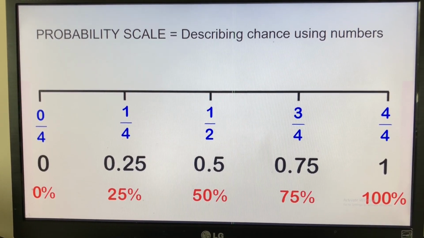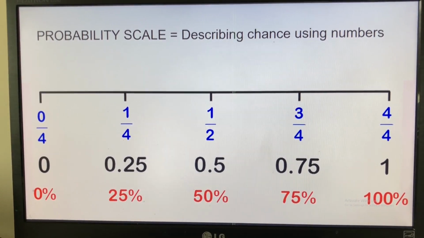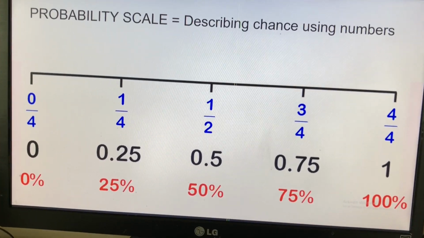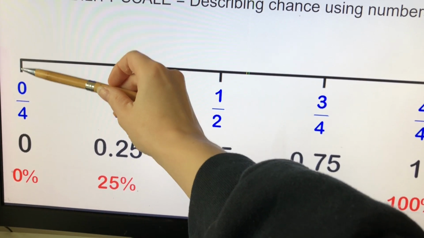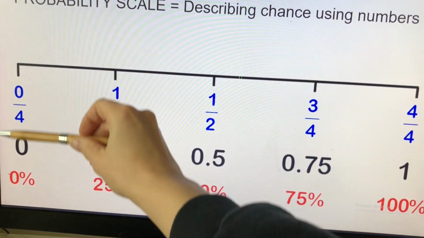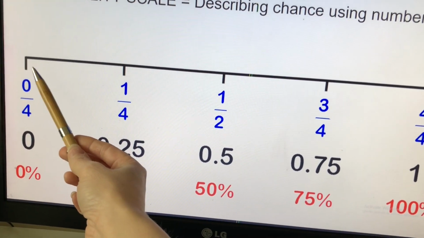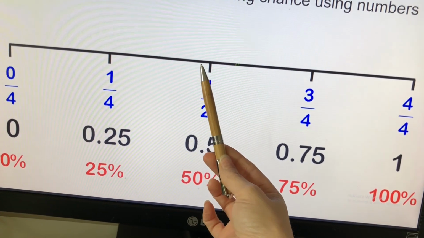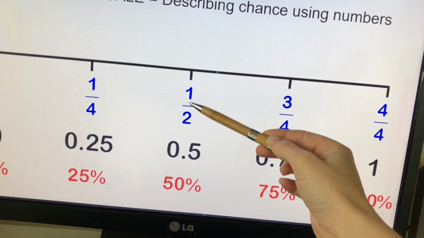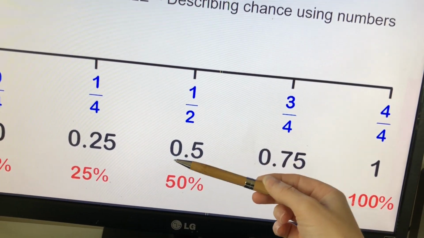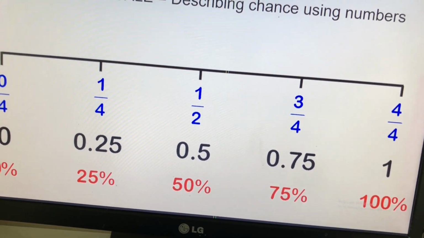For example, if you remember with the likelihood scale, the word unlikely represented everything from just above impossible, which for our numerical measurements for probability means just above zero, and was the entire section until just before the even chance likelihood, which is the probability of either a half as a fraction, 0.5 as a decimal, or 50% as a percentage.